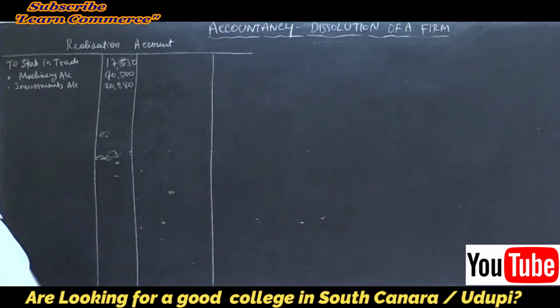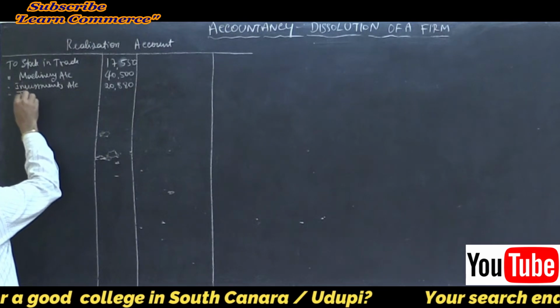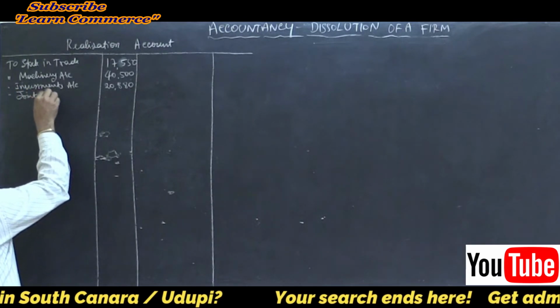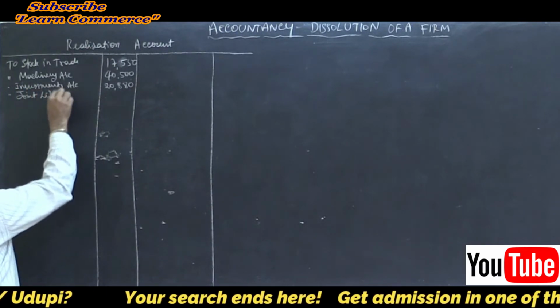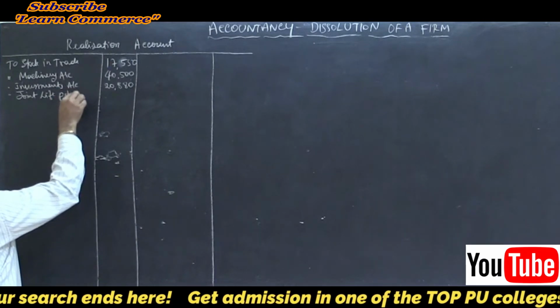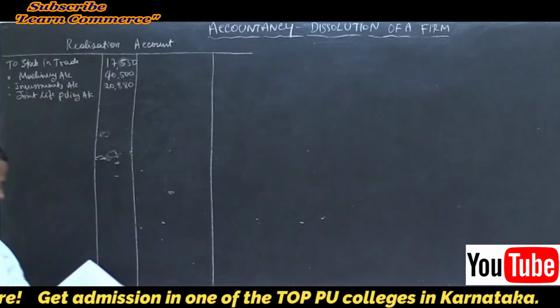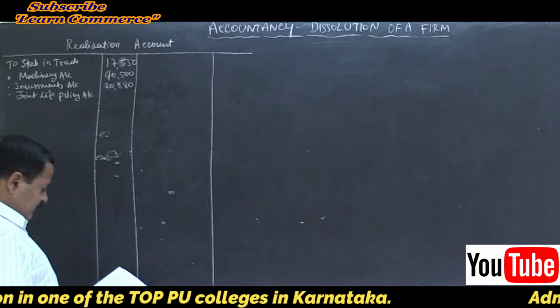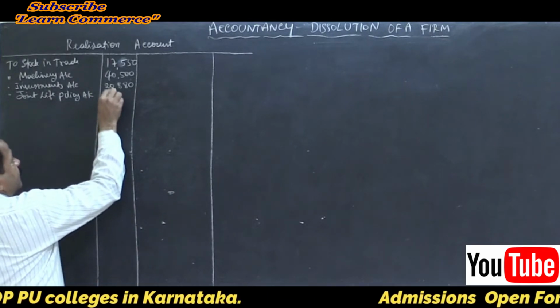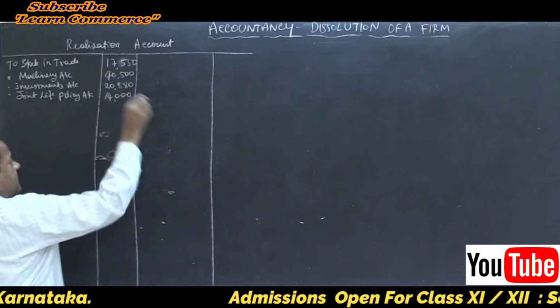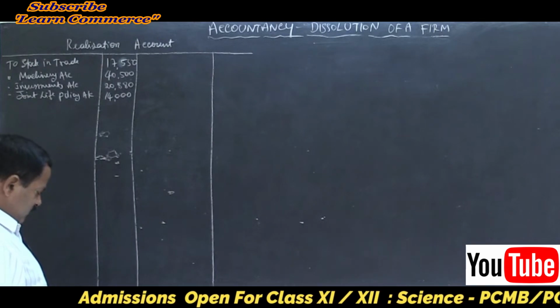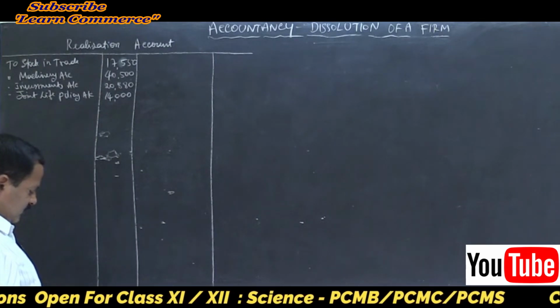Joint life policy account. How much is it? 14,000, right? 14,000. Then debtors.